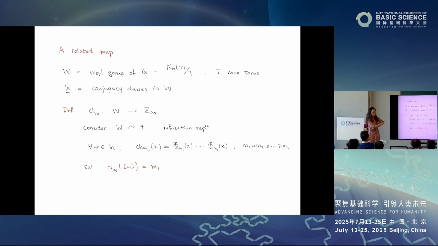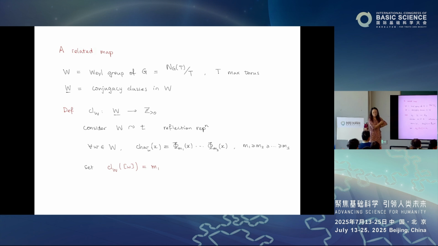So you can consider the characteristic polynomial of an element in W. Since W is finite, the eigenvalues are all roots of unity, and so this characteristic polynomial decomposes as a product of cyclotomic polynomials, which I write as phi_m1 to phi_ms, where m1 is bigger than m2, etc. And then I define the image of this conjugacy class to be m1, the biggest integer which appears for the cyclotomic polynomials.